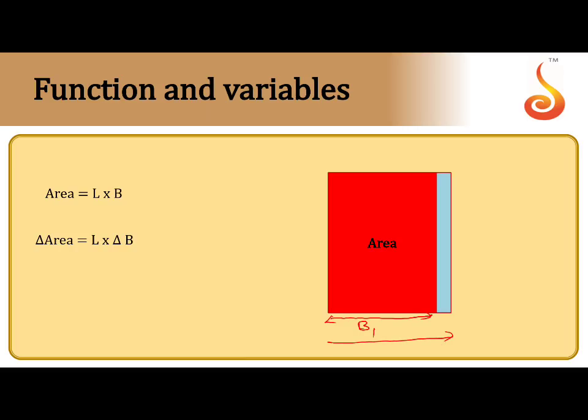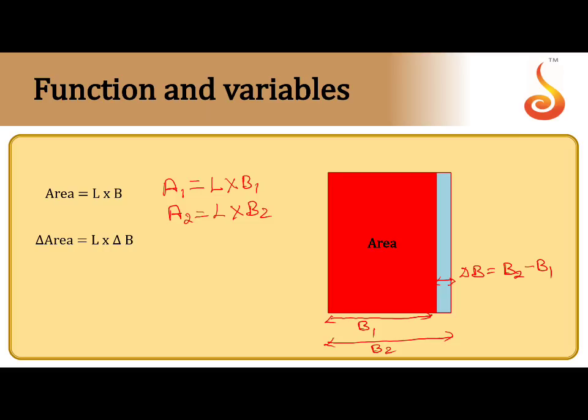This is your new breadth B2. So the increase in the breadth, delta B, is equal to B2 minus B1. Now, is there a change correspondingly in the area? Yes. Earlier area A1 was equal to L into B1. Now, the new area is A2 equal to L into B2.